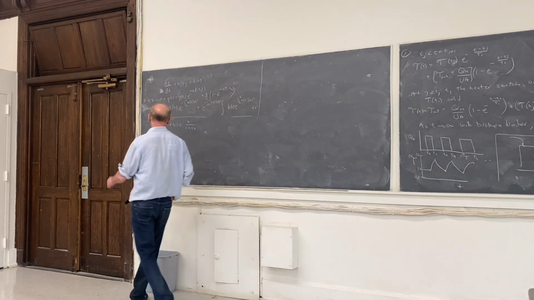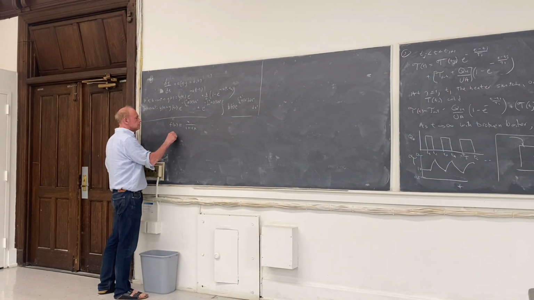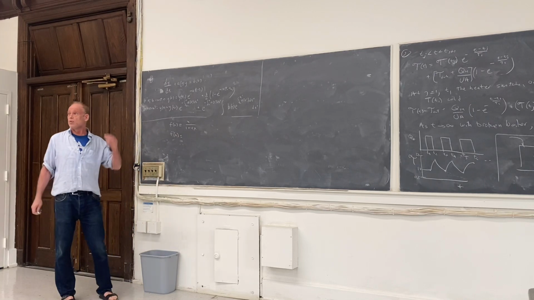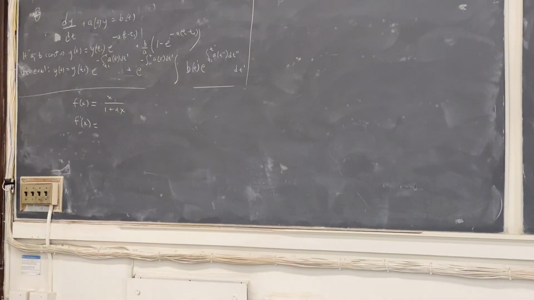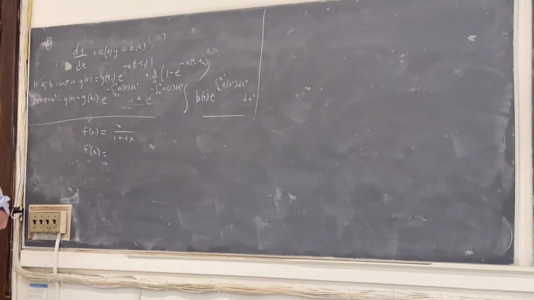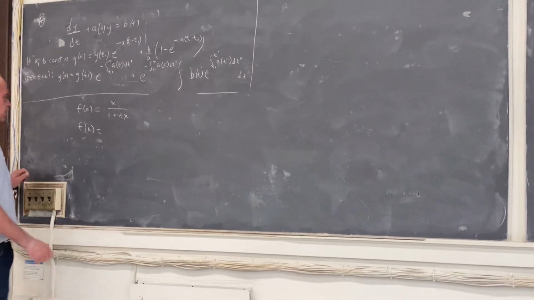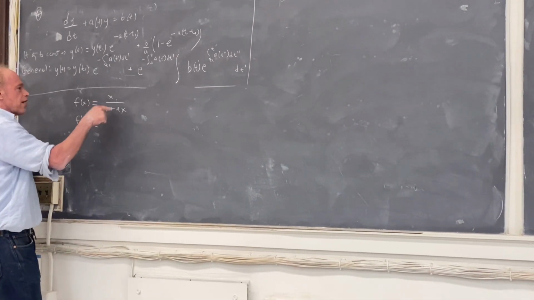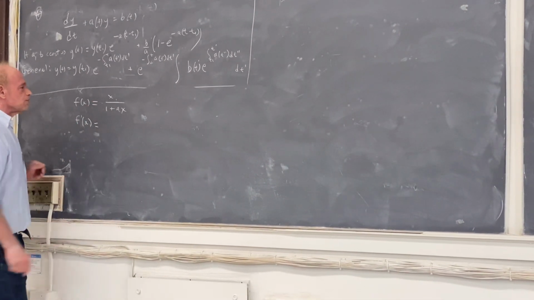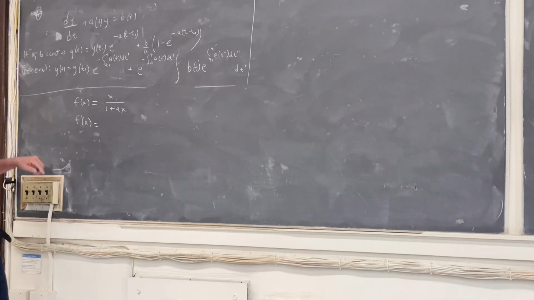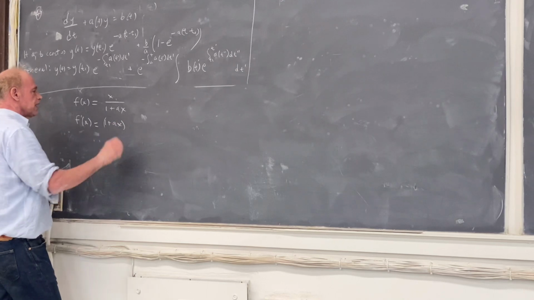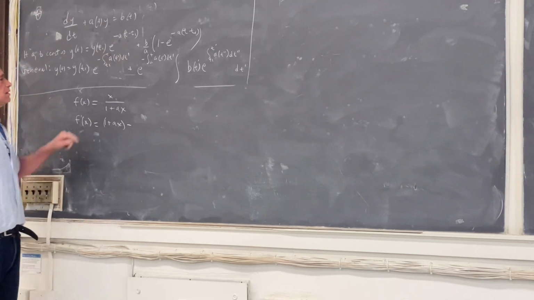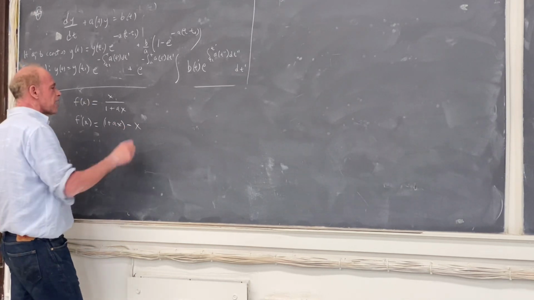So what's f prime of x? So here we have to use the quotient rule. Anyone want to volunteer and do it, or should I do it? I don't see any volunteers, but you really want to be able to do this yourself. So it's numerator prime times denominator. Numerator prime is 1 times the denominator minus the numerator times the derivative of the denominator.